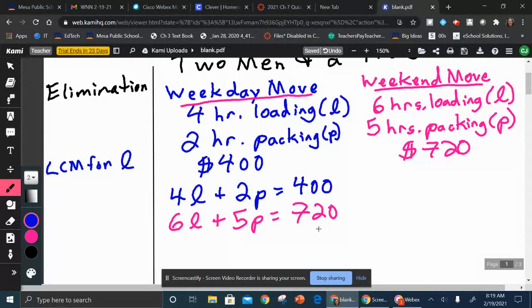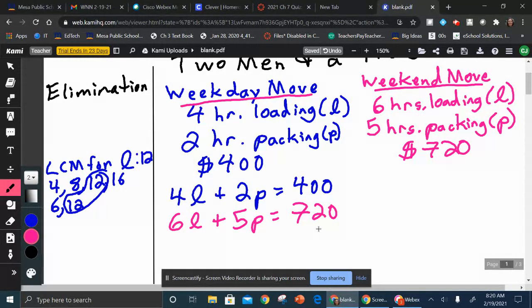For loading, we have 6 and 4, right? So you can count by those numbers. 4, 8, 12, 16, and then I do the same thing with 6: 6, 12. I can stop right here at 12. So the LCM for loading, everybody, is 12.